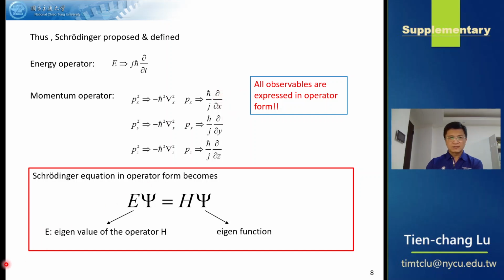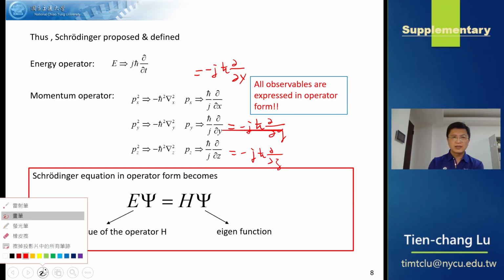Or you can write it as minus jħ ∂φ/∂x. This can also be expressed as minus jħ ∂φ/∂y in the y direction, and minus jħ ∂φ/∂z in the z direction.